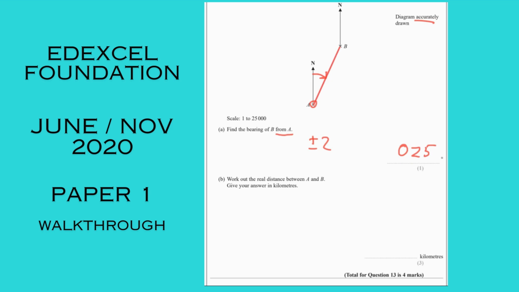Work out the real distance. So if you get your ruler out, you'll get 5 centimetres. Again, you're allowed plus or minus 2. And so to go from 1 to real life, you've got to multiply by 25,000. Loads of zeros, which is quite nice. And it's 125,000.